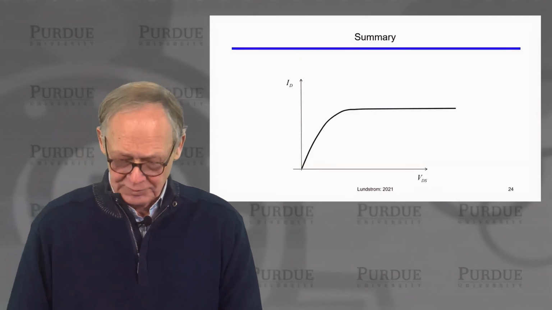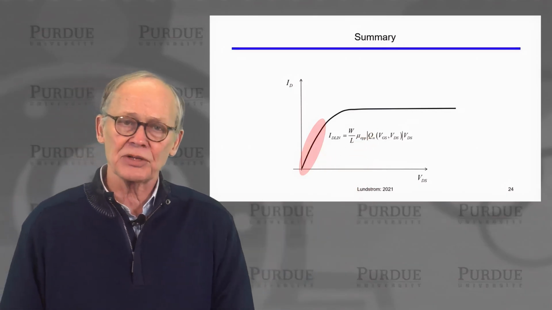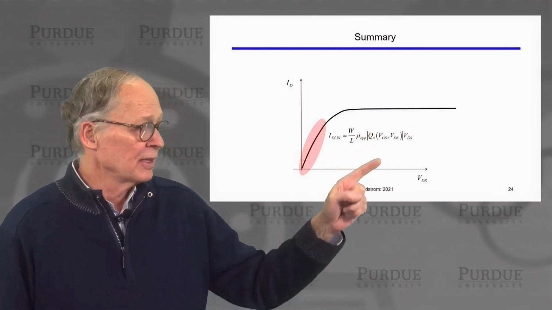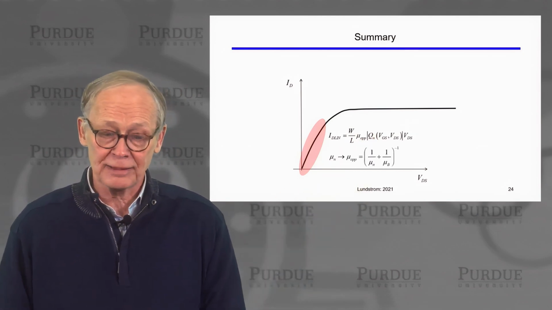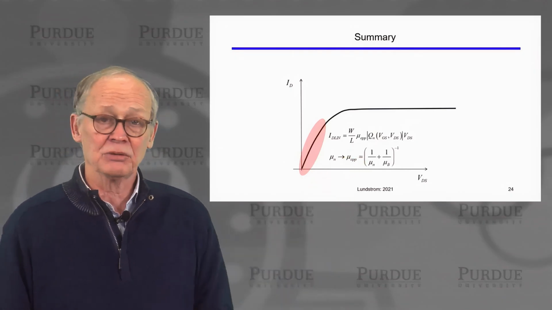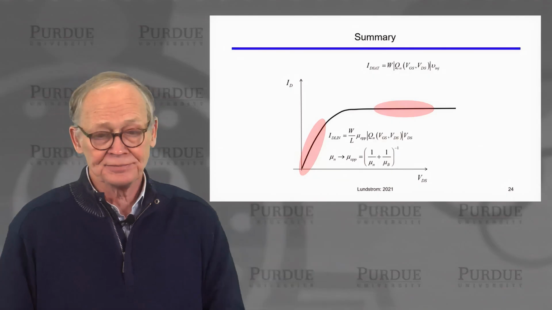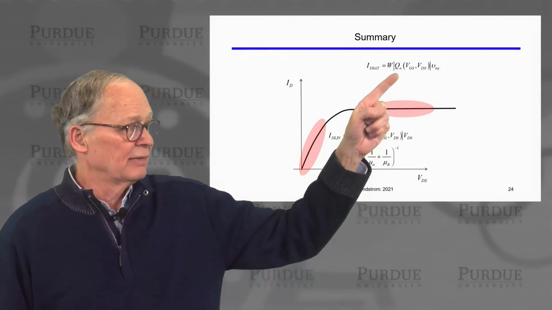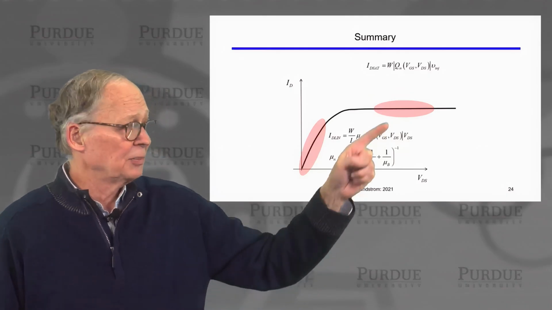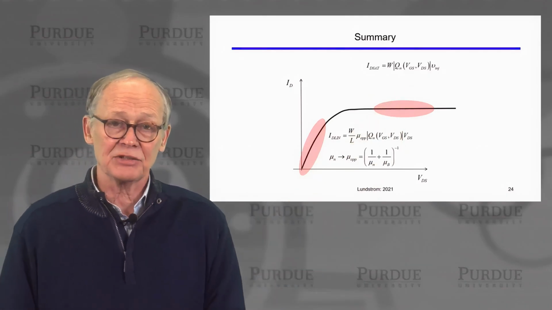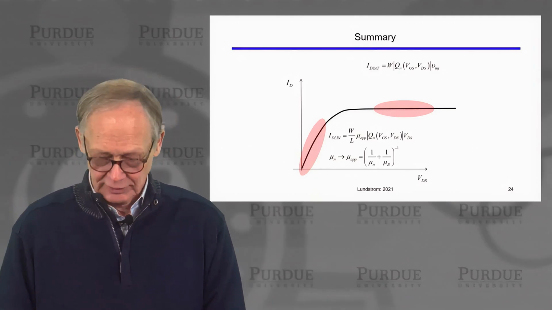Okay, so we can summarize. We have our IV characteristics. We have now a simple expression for the current in the linear regime. It depends on this quantity we've introduced called the apparent mobility, which involves both the mobility due to scattering and the ballistic mobility. In the saturated regime, we've seen that we can take our traditional velocity saturation expression and simply replace the high field saturated velocity in bulk silicon by this quantity we call the injection velocity.